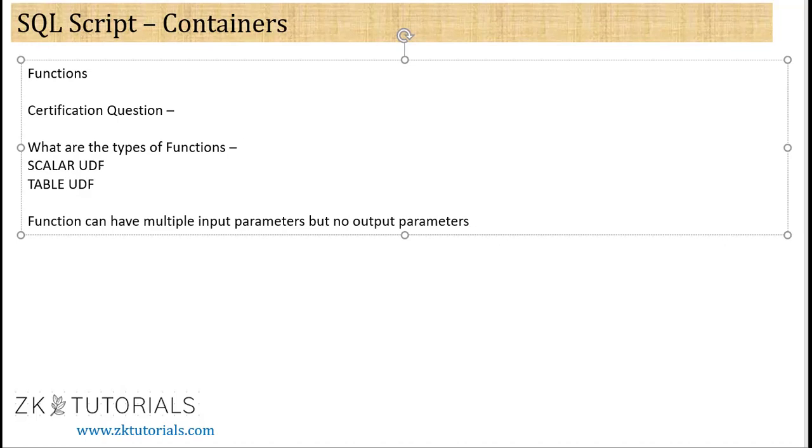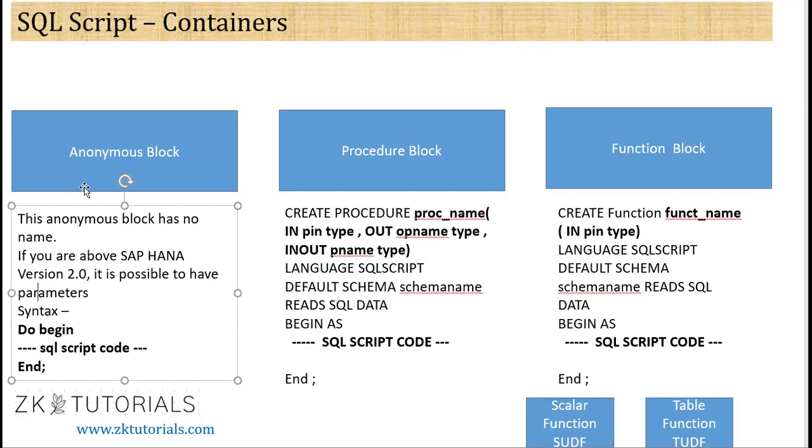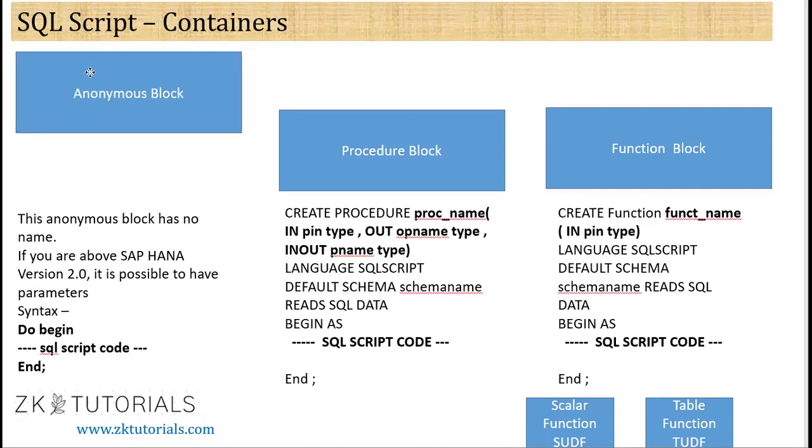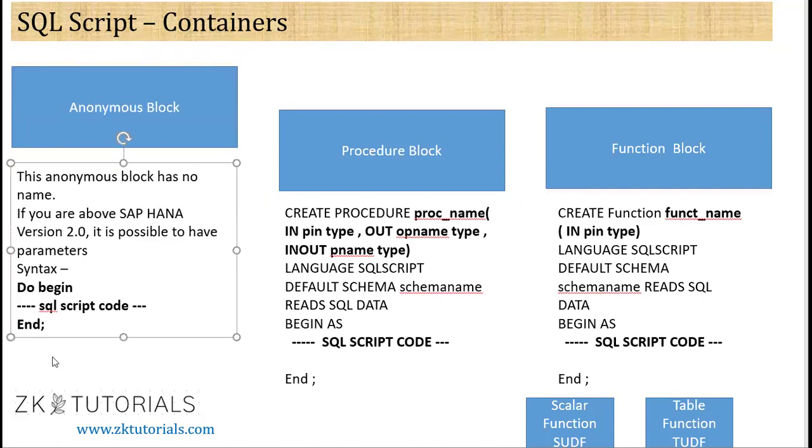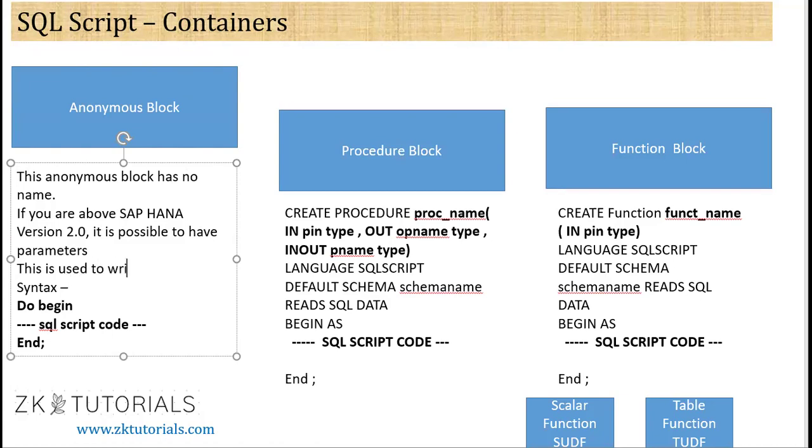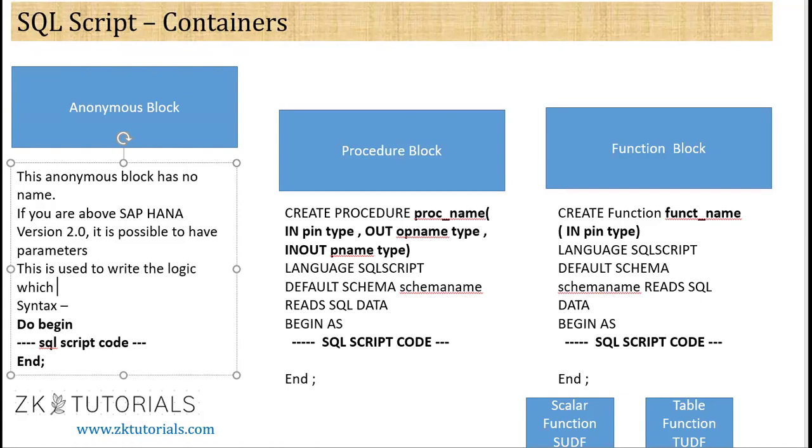An anonymous block can also have parameters. Then what is the difference between an anonymous block and a procedure? As the name suggests, an anonymous block is a block without a name. It is used to write logic which you will never need again.